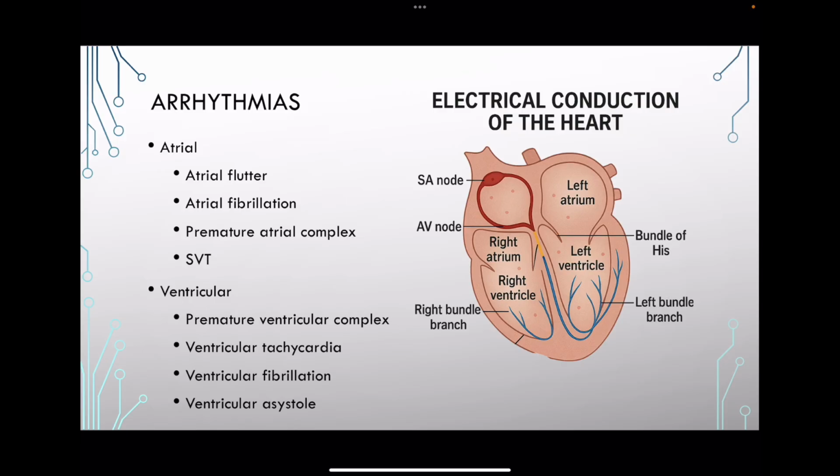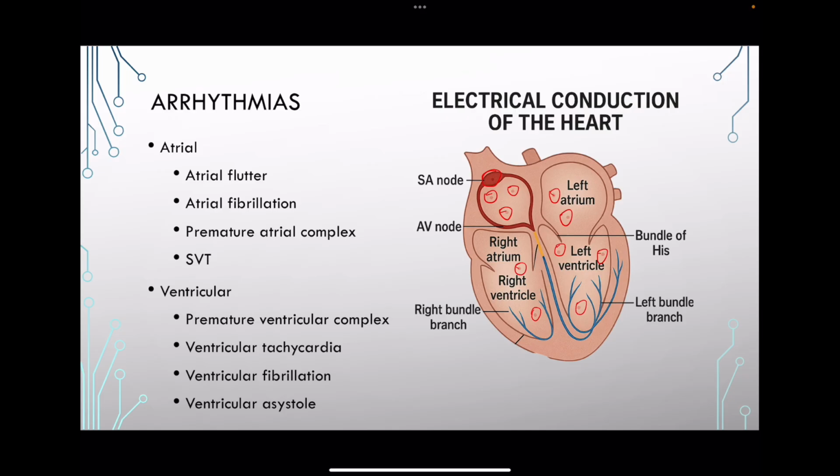So I pulled this photo because it shows that, yes, your SA node is where that impulse should stem from. But essentially what is happening is you have all these different baby foci points, which are electrical points in your heart, and you have them in your ventricles too.